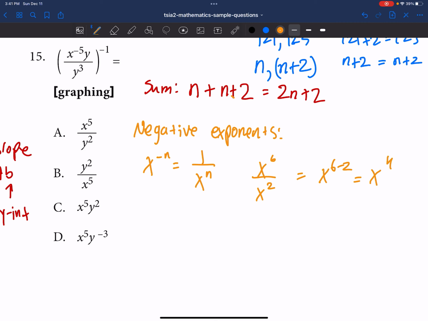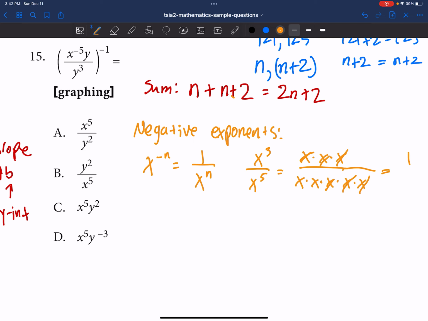Hooray, right? But suppose I flip this on its head. Let's say that it is x to the power of 3 divided by x to the power of 5. Well, then that's x times x times x over x times x times x times x times x. If I cancel out the things that they have in common, I'm left with no x's, so there's only 1 up here, over x times x, which is x squared.